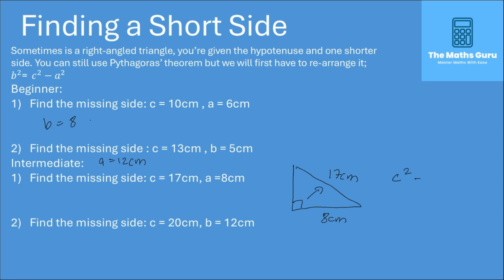We say c squared minus a squared gives us our b squared, and we say 17 squared minus 8 squared is equal to 225, and 225 is equal to b squared, which makes b equal to root 225, which, if we put that in on our calculator, is equal to 15. b is equal to 15 centimeters.